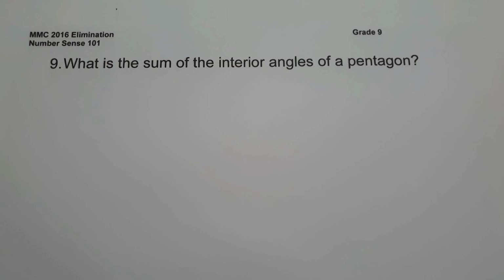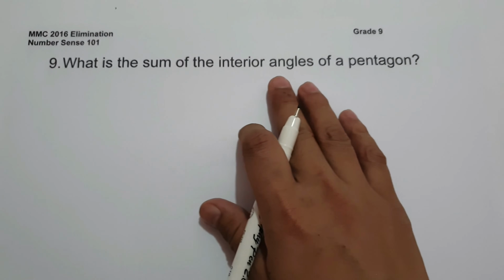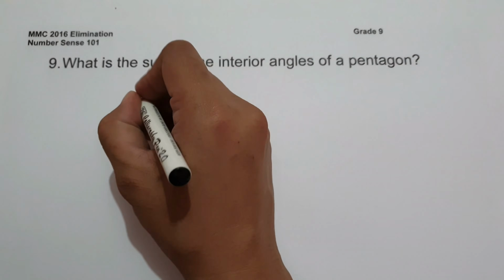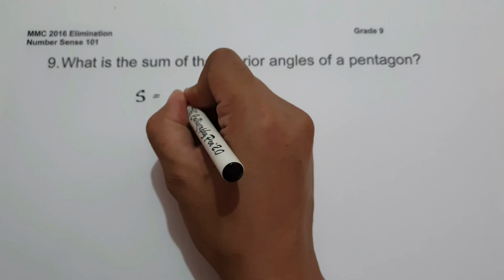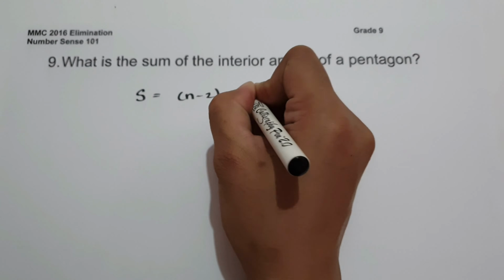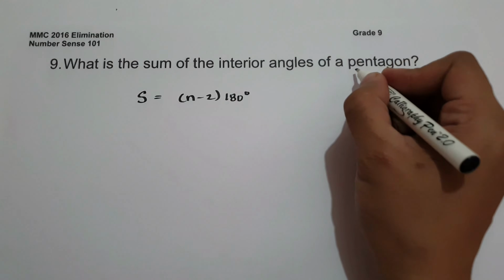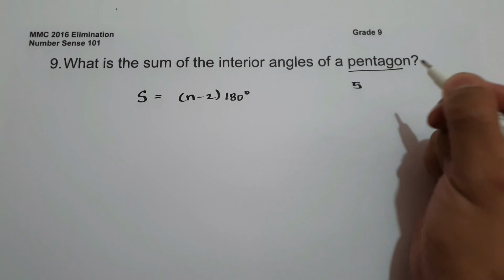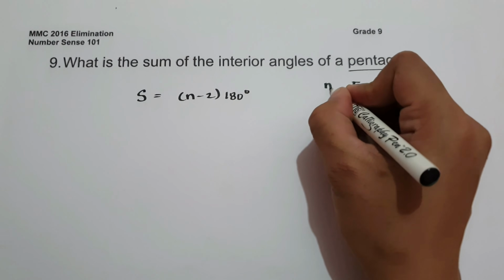On number 9, what is the sum of the interior angles of a pentagon? So the formula to find the sum of interior angles is S equals n minus 2 multiplied by 180 degrees. Since we are talking about a pentagon, penta means 5, so that is the value of n.